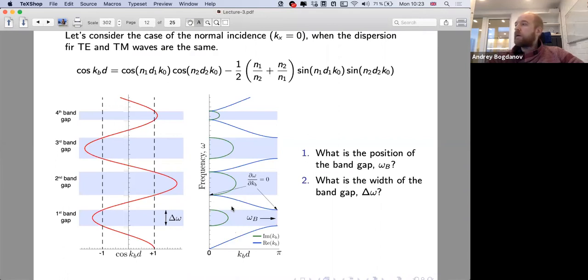And let me ask you, is it possible to have a complete band gap? By complete band gap, I mean that the band gap will be at some frequencies at any angle of incidence and for both polarizations. What do you think?